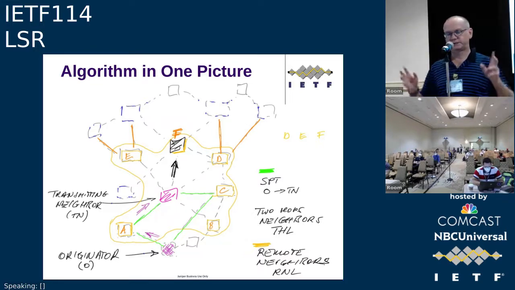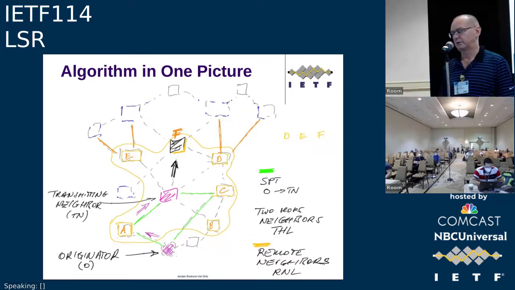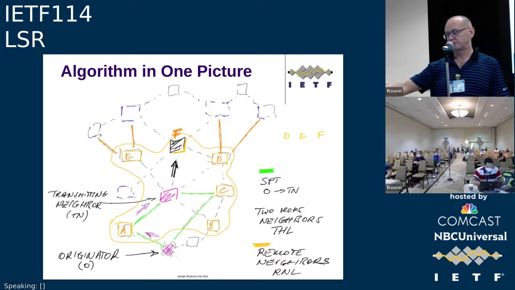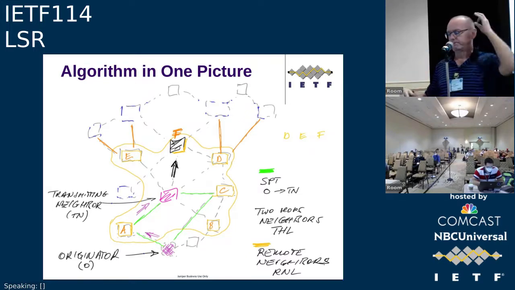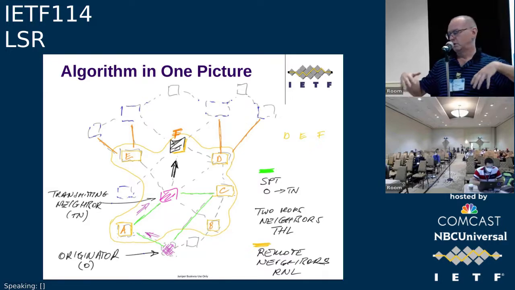That gives you the one hop thing. From there on, there is a lot of optimization I'm omitting, like you can kick out all the guys that are on the shortest path tree to the originator, because you know that's already the propagation front. And then you compute the two hop neighbors, the THL.